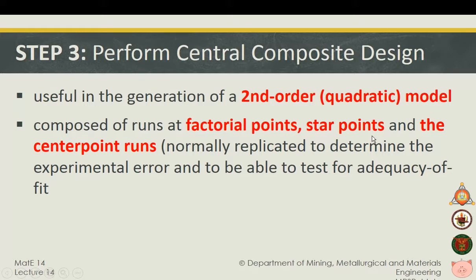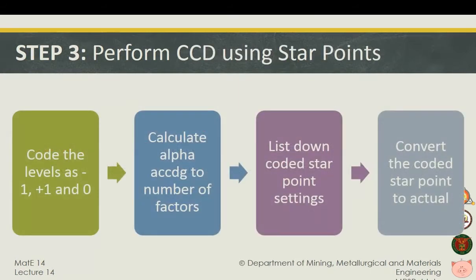Star points are defined by an alpha value. The alpha value here, take note, is different from the alpha for level of significance. Usually we have alpha equal to 0.05, but this alpha value for star points is widely different. I'll show it later on.